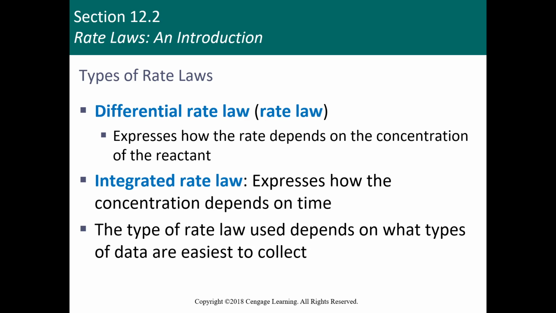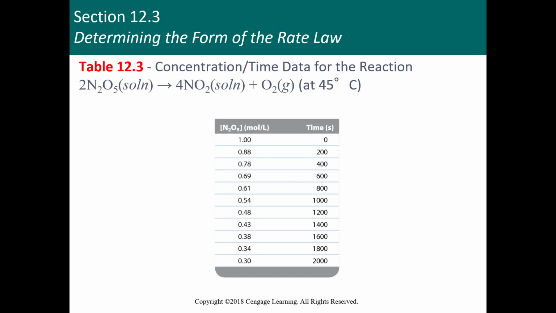Literally, we just have two different types of rate laws that we've worked out the math for and simplified. And depending on whether we can measure the amount that's made, or measure the amount that we are using, or what's easiest to figure out the data for, that's the one we choose. That's it. There's nothing else magic about that. It's literally what is the easiest to collect data for.